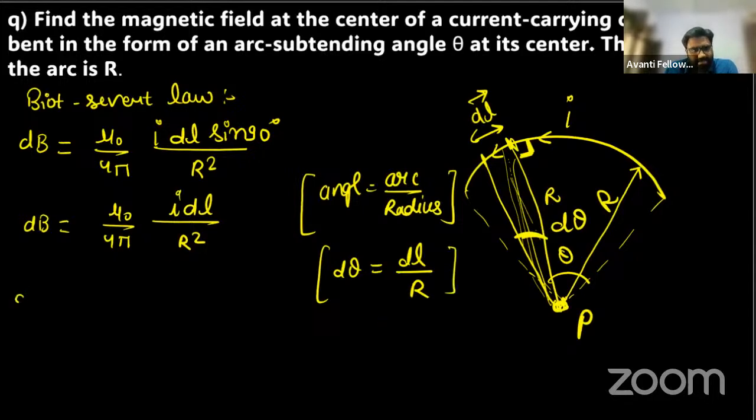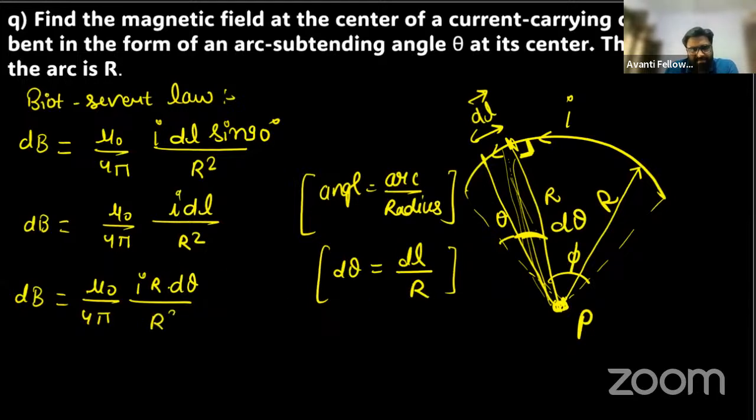So we can say that dB equals mu naught upon 4 pi I dl over r square, and we replace dl: dl is r d theta. We are taking the limit of theta, from the point where the current element has started.